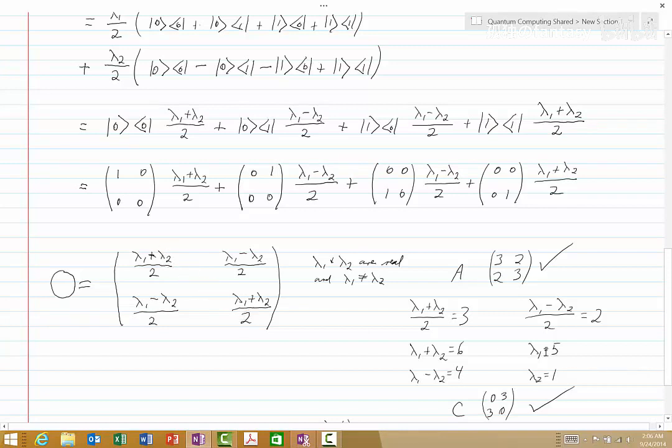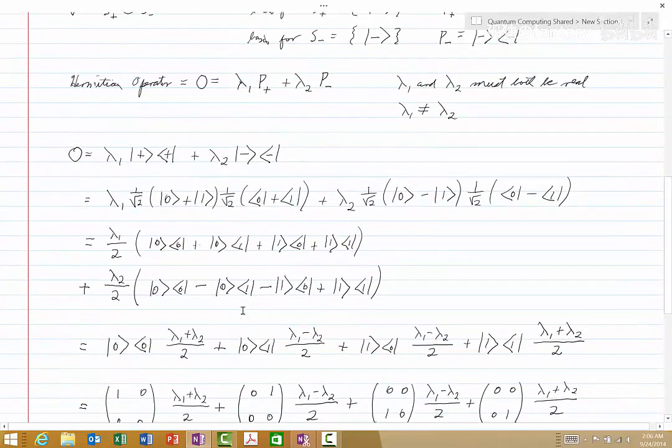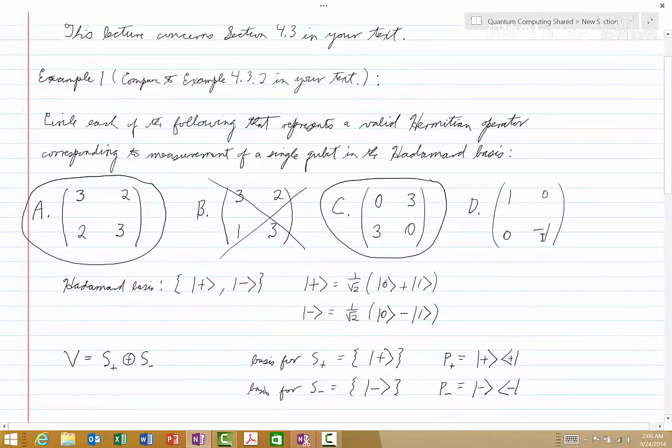So there's no need for us to even consider the equations and try to find lambda 1 and lambda 2, because it's clear that for the Hadamard basis the diagonal elements have to be the same, but in this case they are not the same, and therefore this is not a valid Hermitian operator corresponding to measurement of a single qubit in the Hadamard basis. So that's how you would do example 1.